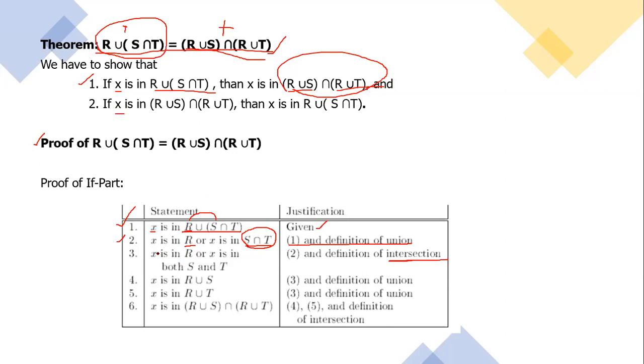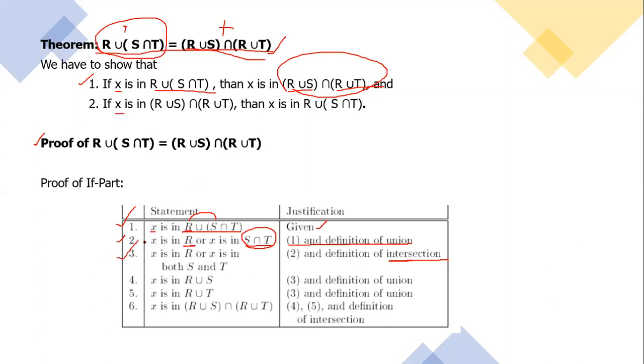So I can say the particular X in R, or X in both S and T. Is it so? From point 2 and the definition of intersection, I can say this statement.